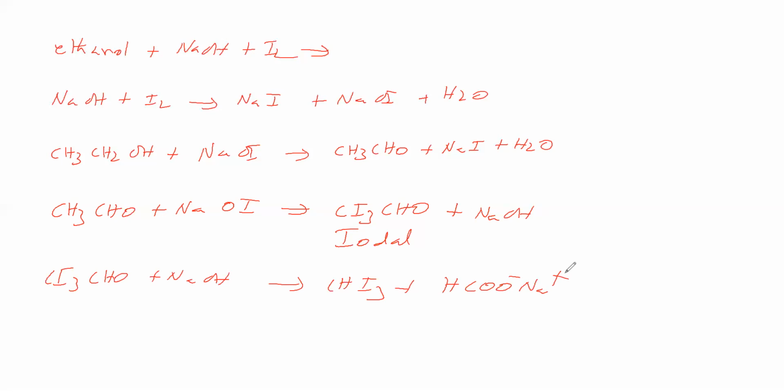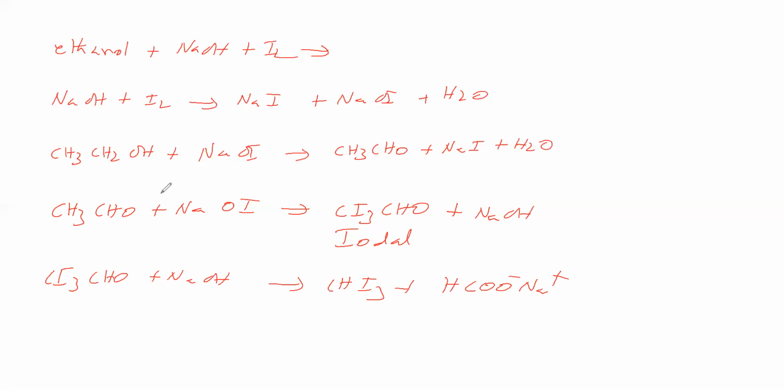Therefore, here you see that ethanol is treated with sodium hydroxide and iodine. Sodium hydroxide reacting with iodine gives sodium iodide and sodium hypoiodide. Sodium hypoiodide is oxidizing ethanol and converting it into aldehyde.